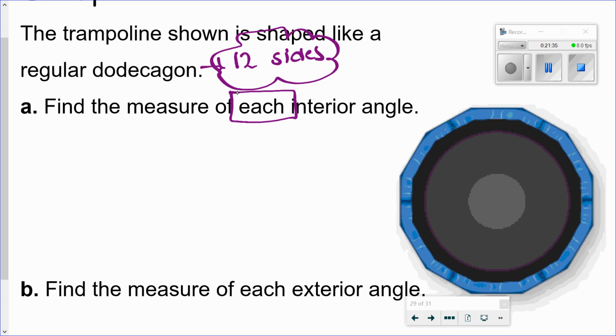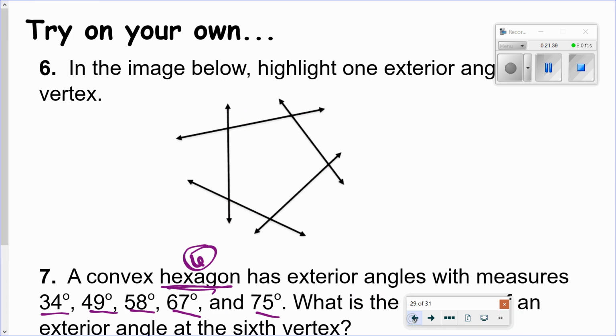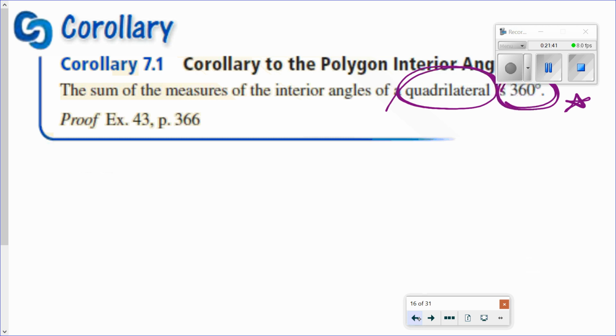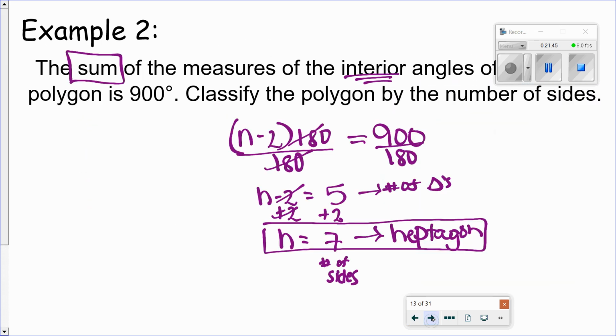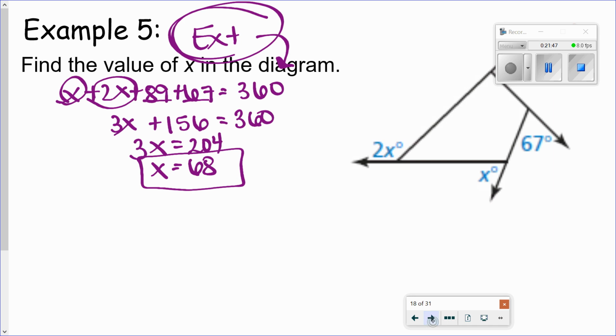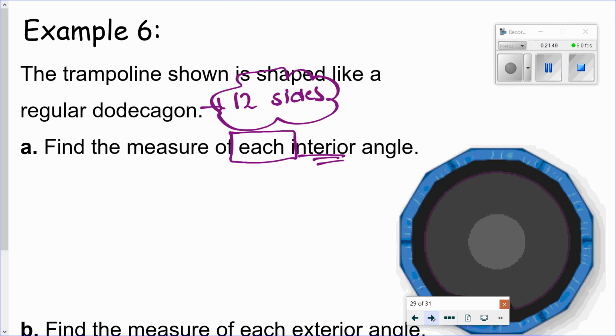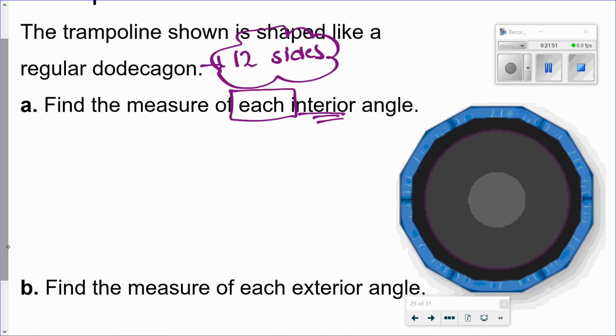Highlight each interior. So all the way back in example 1, I had you highlight sum and interior. Well, guess what? We do need the sum, but we've got to go a step further when it says each. By the way, remember it's regular, so all angles are equal. So they're all the same.